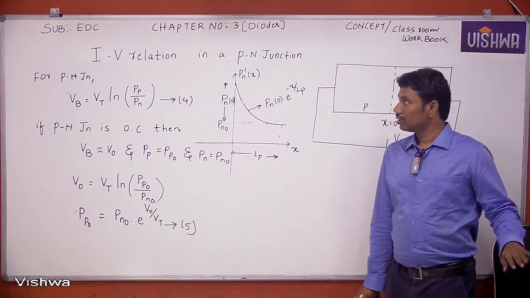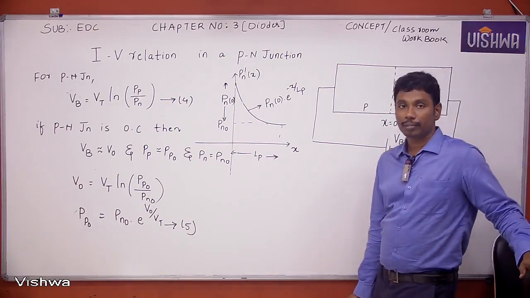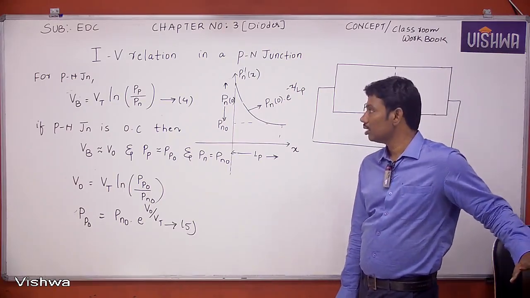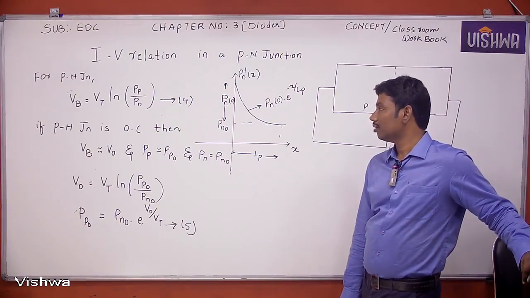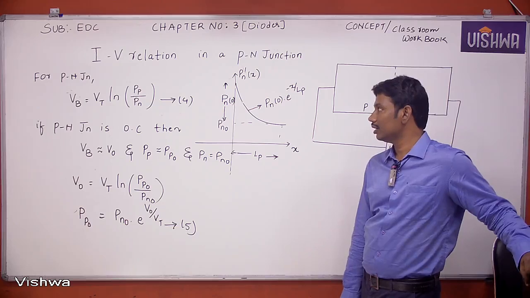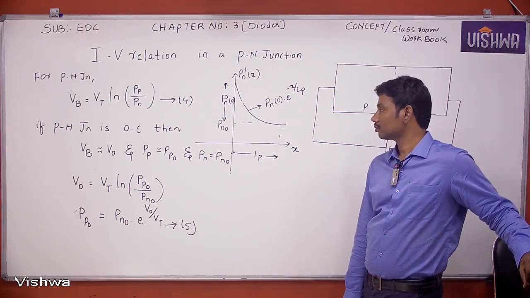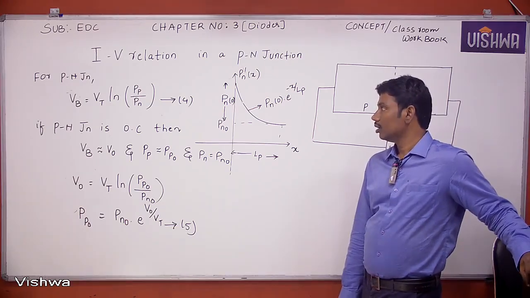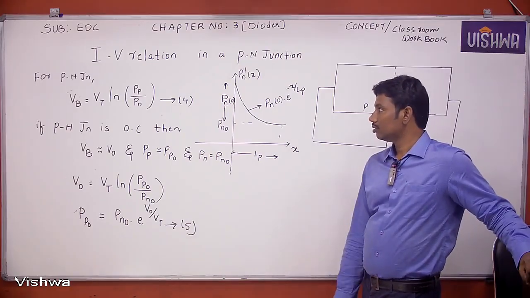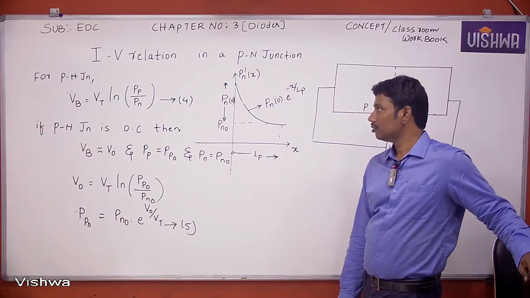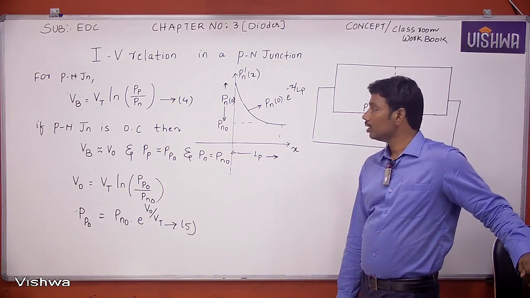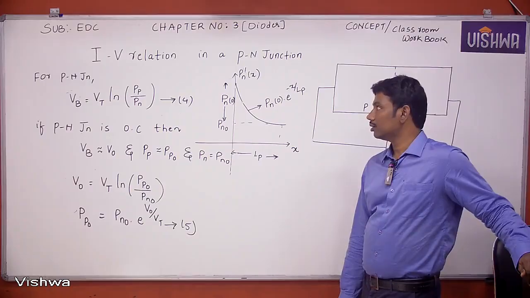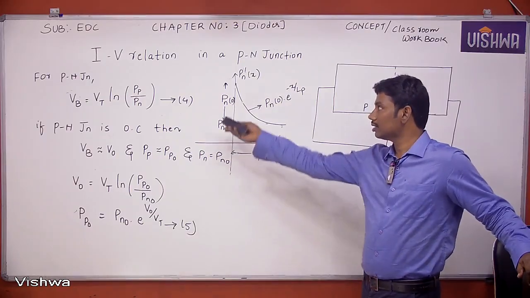Write down this. For a PN junction, the net barrier potential is given by VB equal to Vt into ln of Pp by Pn. Consider this one as equation 4.